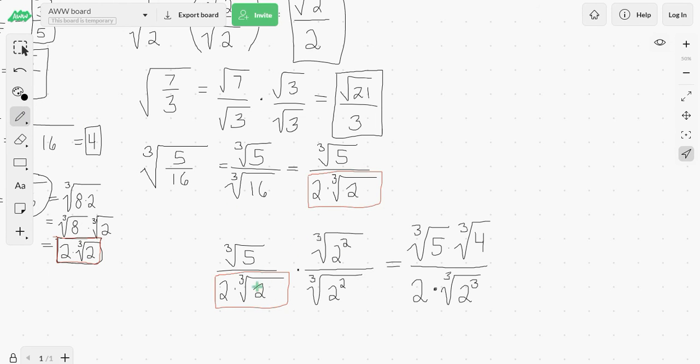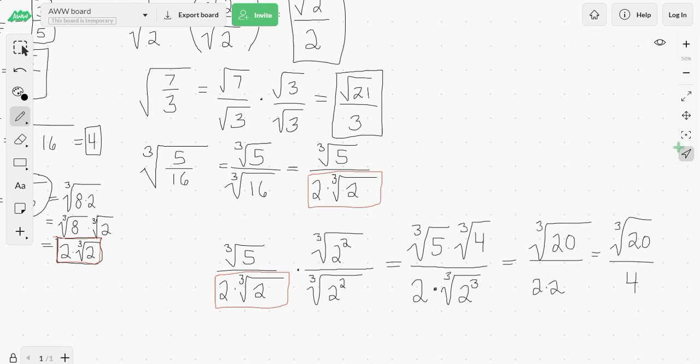So we just multiplied the cube root of 2 times the cube root of 2 squared. And now we'll use the product rule in the top. That gives us the cube root of 20. And then in the bottom, the cube root of 2 cubed is just 2. So we've got 2 times 2, which is the cube root of 20 over 4. And the question is, can we make this look nicer?